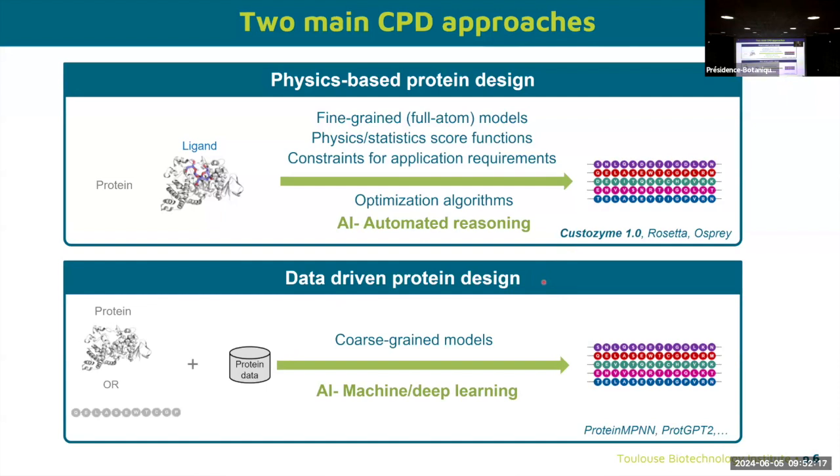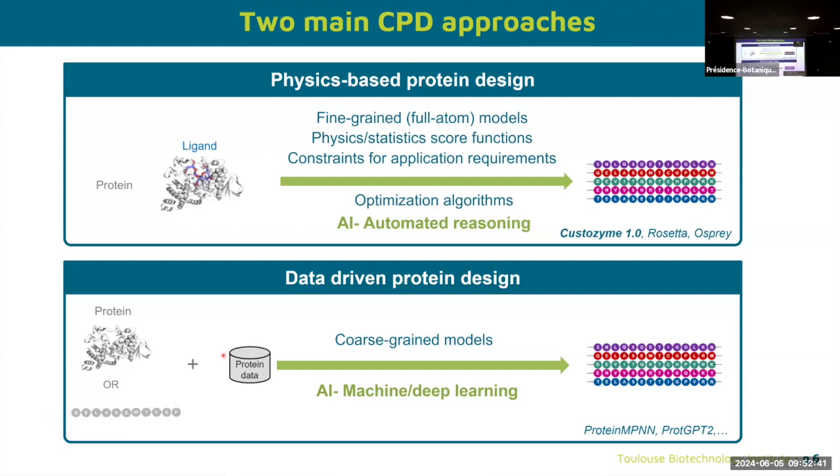ProteinMPNN is a well-known technique developed in the Baker lab that uses an autoregressive model to sample sequentially the amino acids of the sequence and predict the best sequence. I also use this in this project, which I will talk about later.